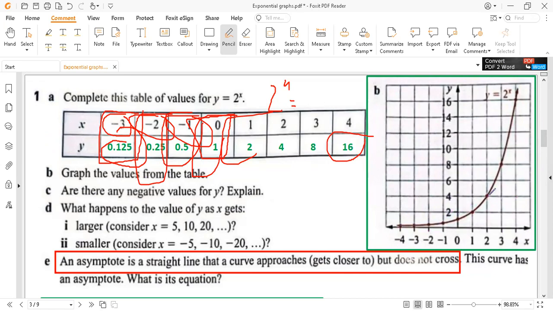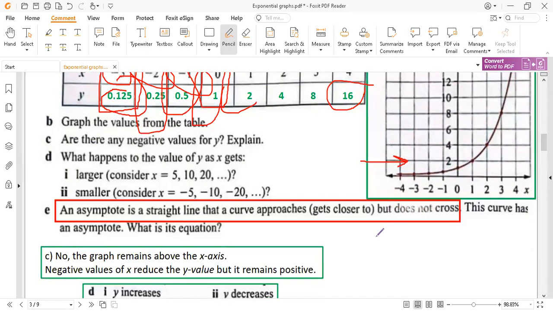If we join all these particular points given by the table, we obtain this increasing graph. How do we say that it is increasing? We study each graph from left to right. From left to right, we can remark clearly that this curve is increasing with respect to the y values.